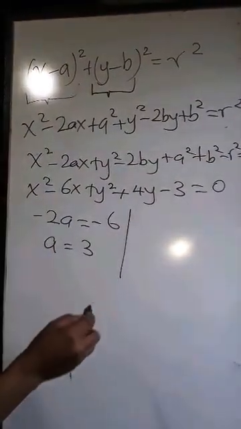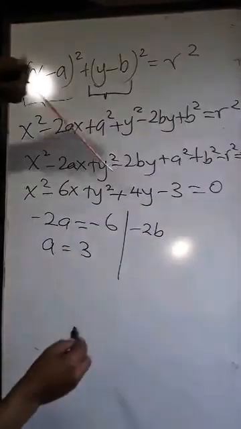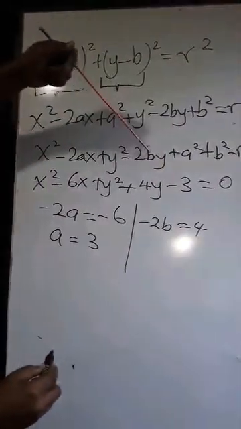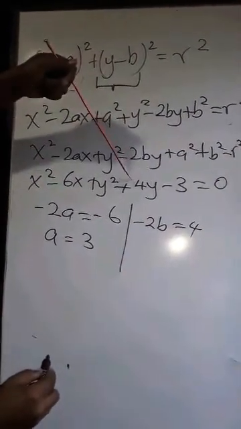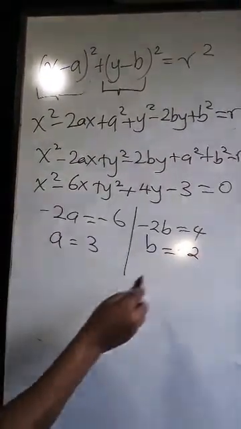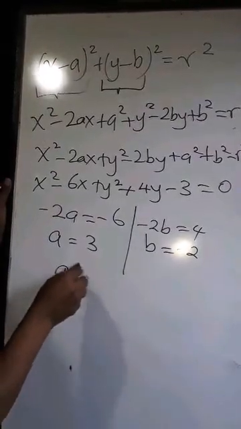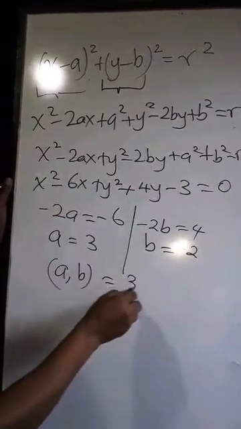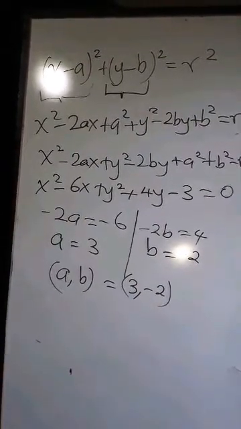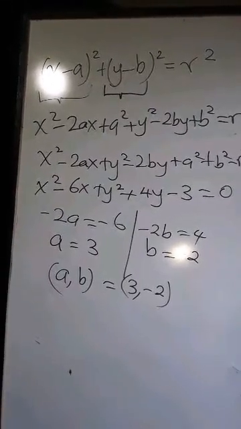Then we also compare the coefficients of y, in this case minus 2b, and in this case 4. So that means b is negative 2. So the center of the circle (a, b) will be (3, negative 2).